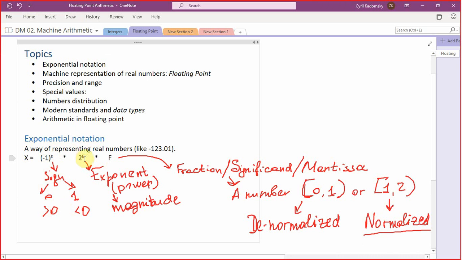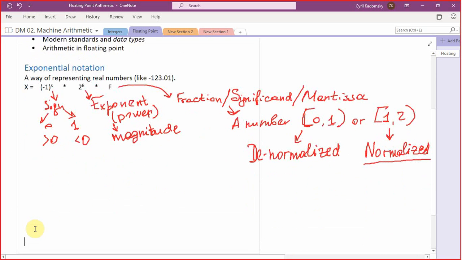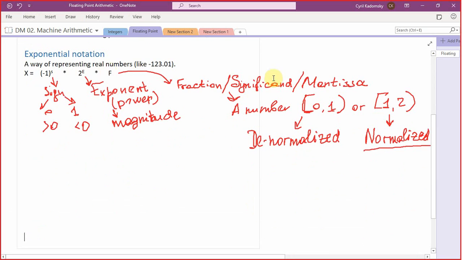The exponent, which actually influences the magnitude. The bigger the exponent, the larger the number we get. And finally, the fraction, or significant, or mantissa, which is a simple number in a very narrow range, either normalized or denormalized. And normalized is the default. We will see why now.